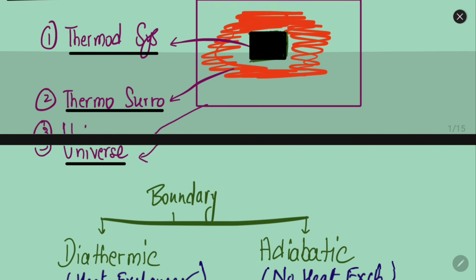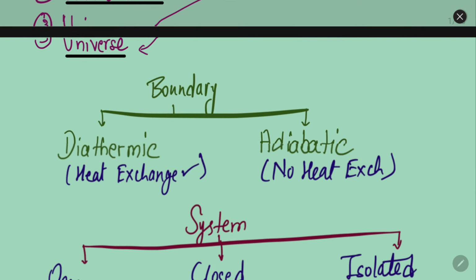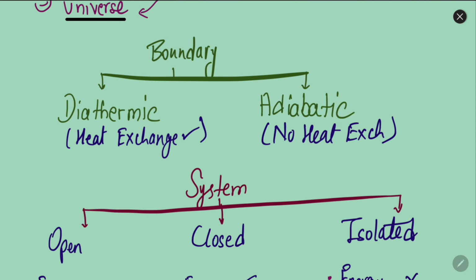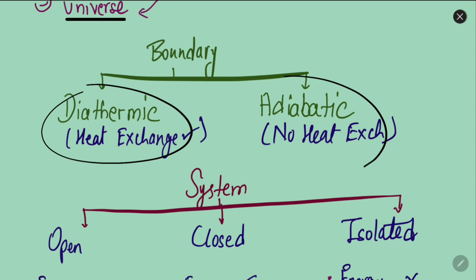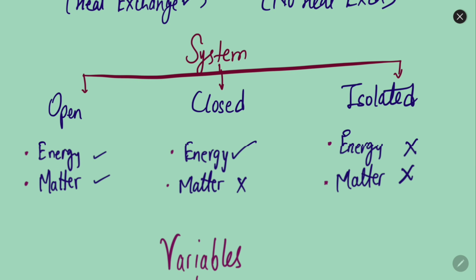Now let's discuss the boundary. The boundary is the thing which separates the surrounding from the system. There are two types of boundaries, diathermic and adiabatic. Diathermic is a boundary in which heat exchange is allowed, and adiabatic is a boundary in which heat exchange is not allowed.